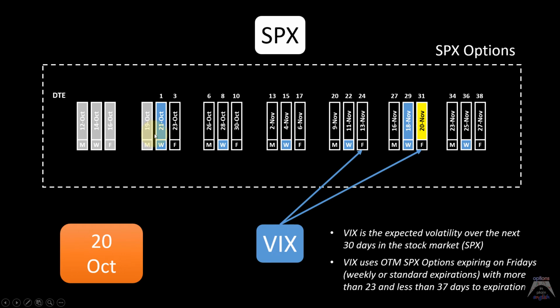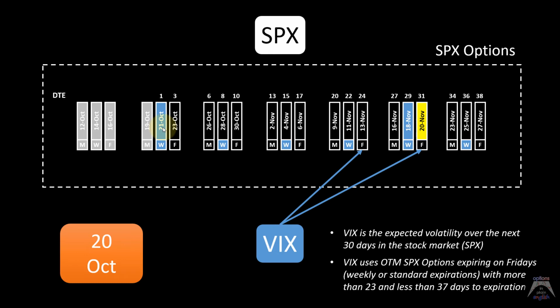VIX futures and VIX options are going to have their standard expiration. So on October 21st at market open, the same thing is going to happen that happened for the weekly VIX futures and VIX options expiration. We're going to get the settlement value, and it's the same thing. It's only going to be a standard one.